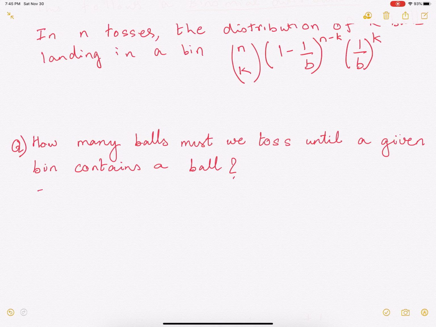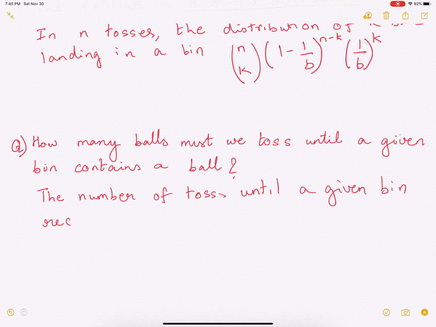Now, if you model this problem carefully, you will see that the number of tosses until a given bin receives a ball follows a geometric distribution.